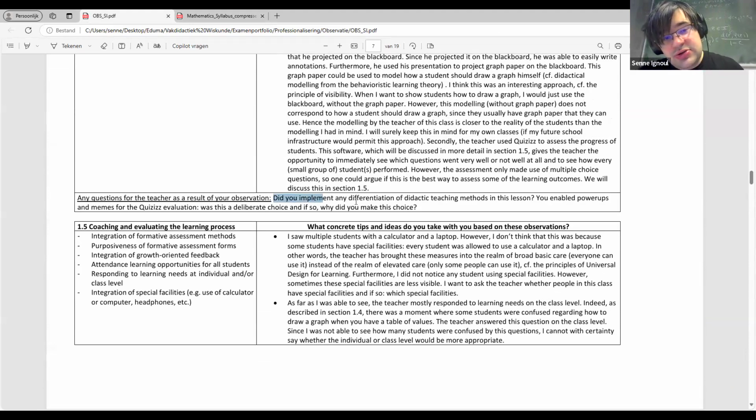So did you implement any differentiation in your classes? For example, this one I know you didn't do, but giving different kinds of topics to students based on what different students find interesting. But that's just one example. Did you differentiate between students somehow?